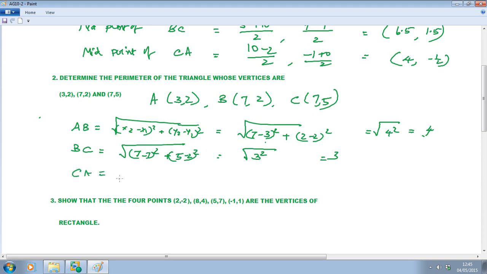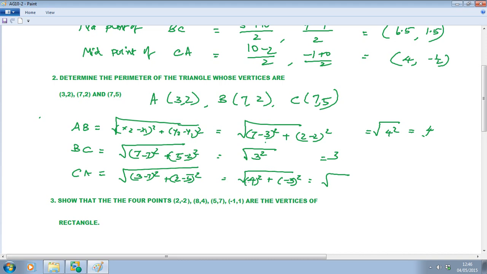CA is the root of (3 minus 7) whole square plus (2 minus 5) whole square, which is the root of (minus 4) square plus (minus 3) square.